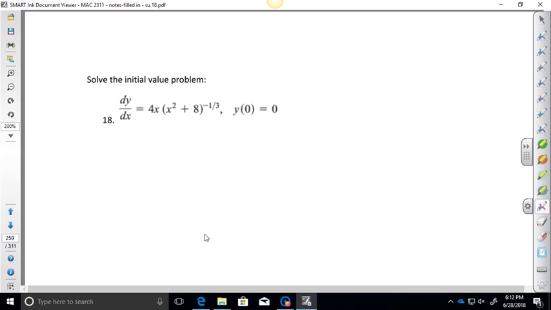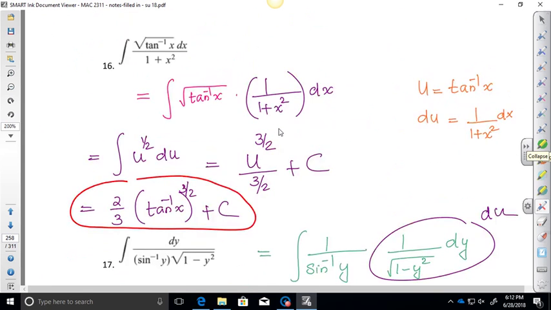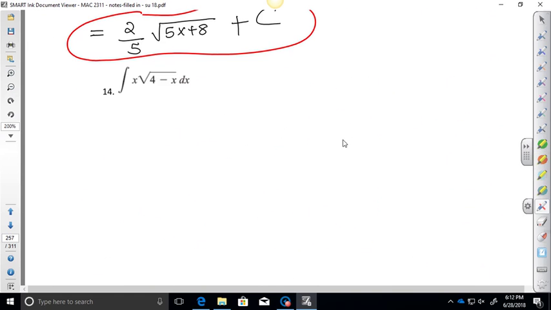Initial value problem. Oh, let's go back and do the other one. This is a little different. This is not like the ones we have been doing so far. Anyway, we're going to take u as 4 minus x.